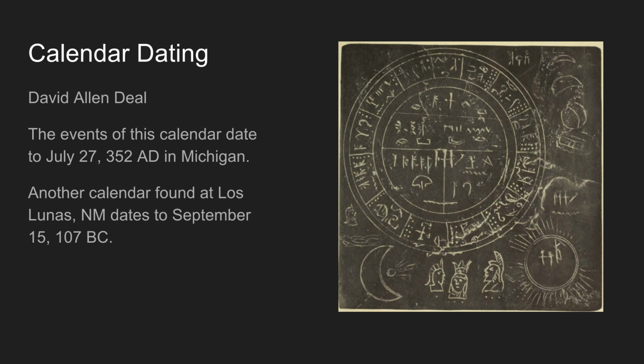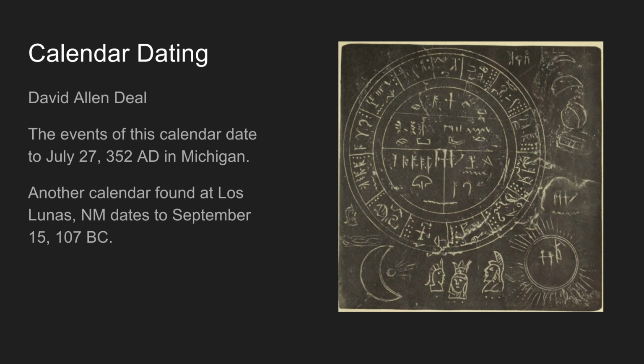As far as the dating of these artifacts, David Allen Deal did a lot of research on the Michigan tablets, and he found this particular calendar stone, which has astronomical events on it. Because of the astronomical events, he used computer simulations to figure out when these events would have occurred in the state of Michigan, and it took him back to 352 AD.